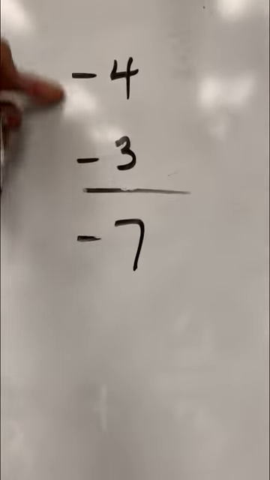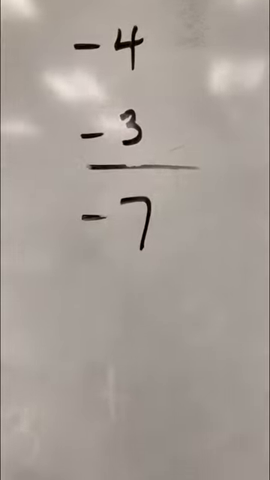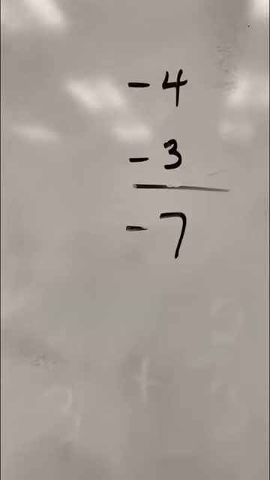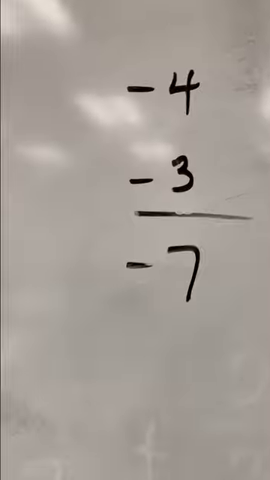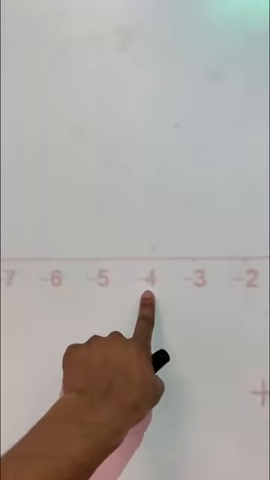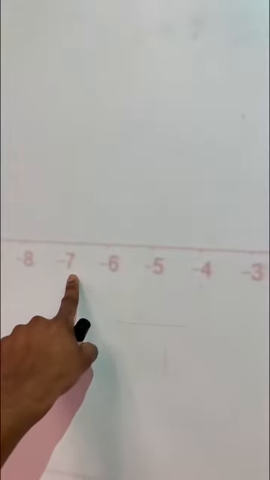These were the same signs, so I add these up just like you would if they were two positive numbers. I added them up because they're two negative numbers. All right, so negative 4 minus 3. There's negative 4. Minus 3 means I have to go backwards 3 times. 1, 2, 3. There it is, negative 7. Negative 4 minus 3 is negative 7.